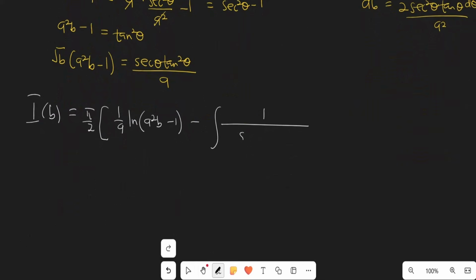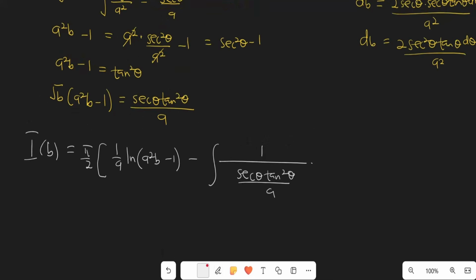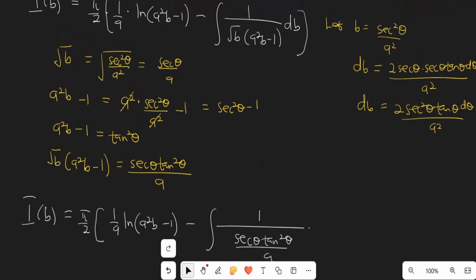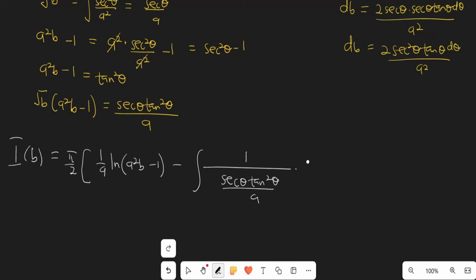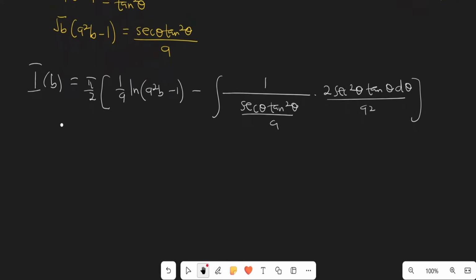So which is the secant of theta, the tangent square of theta all over a, and this is multiplied by db. An expression for db is that, which is 2 secant square of theta, tangent of theta, d theta, all over a squared. This is closed with a square bracket.